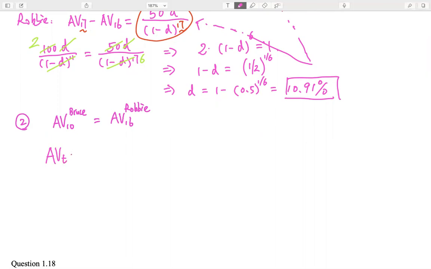So in order to calculate this, this is AV at t plus 1. I think that is clear to you, right? And the interest earned from t to t plus 1 is nothing but the difference.